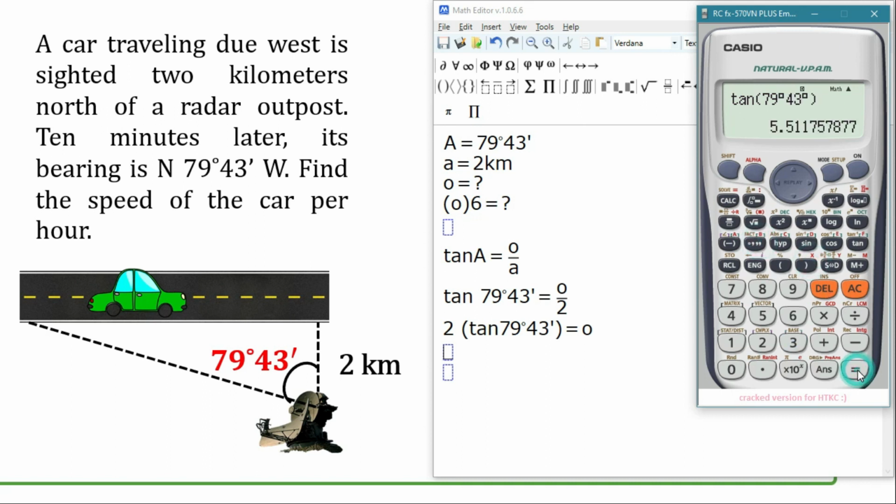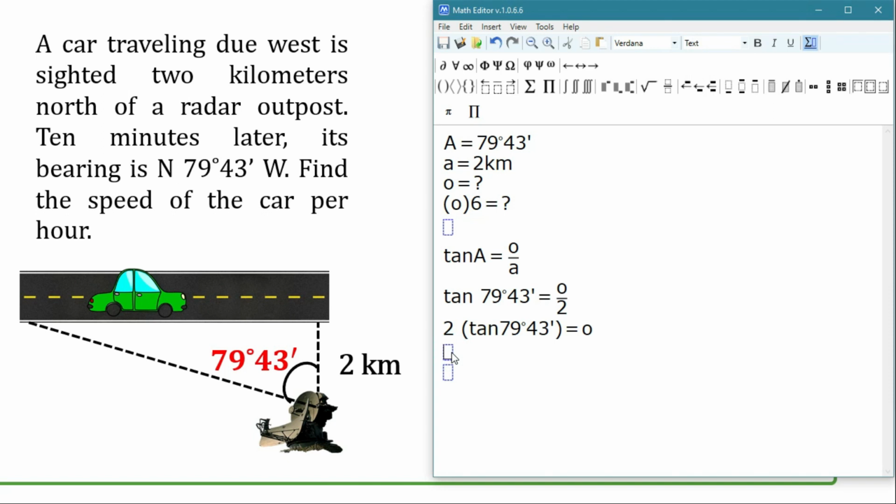That is equivalent to 5.5118, sorry. But we will use all the significant figures to make our value more accurate. That is 5.5117 with an ellipsis, because there are still significant figures to consider.